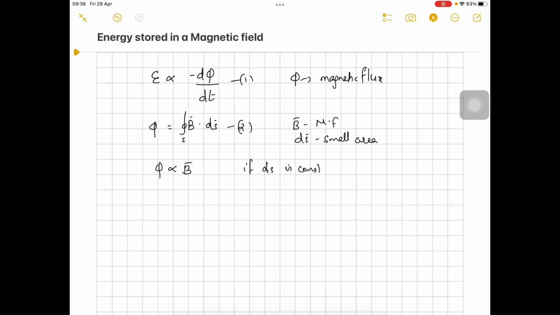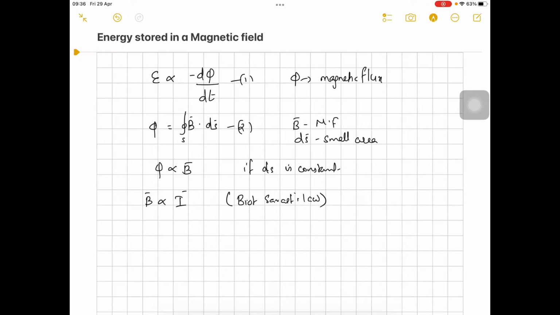If the area is constant, the magnetic flux is directly proportional to the strength of the magnetic field B. And according to Biot-Savart's law, the magnetic field B is proportional to current.